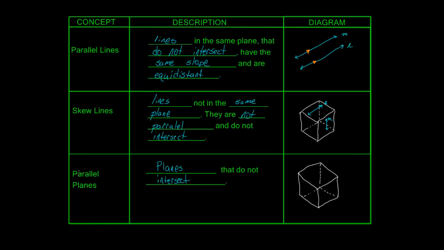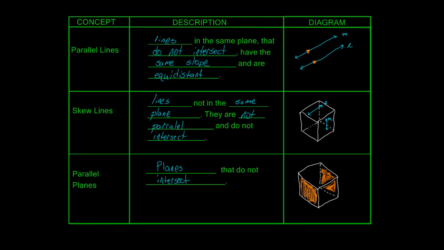Now, we're looking at planes that are parallel that do not intersect. Well, we can take this plane over here, which is all of this side, and it will run parallel with this side over here.